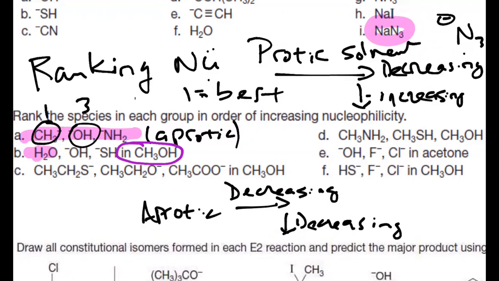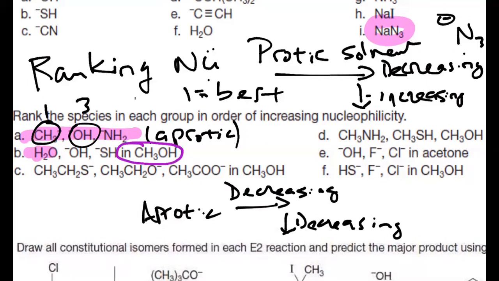Quick question. I could be wrong, but from that video, DMF was what made it aprotic if that was a solvent? Yes, DMF is an aprotic solvent. So DMF is aprotic, acetone is aprotic, THF is aprotic, ether is aprotic.